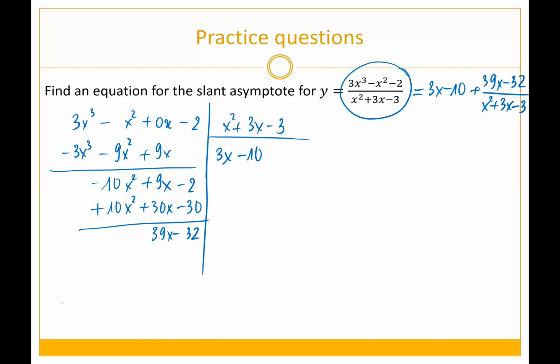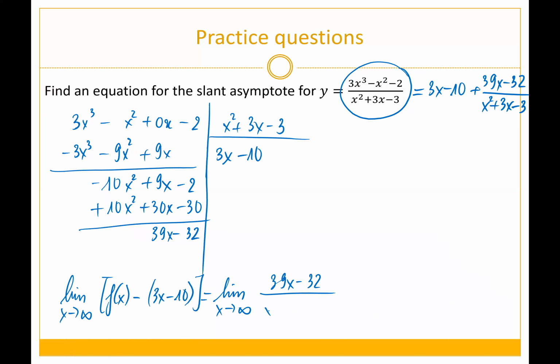So you have the limit as x approaches infinity of f(x) minus (3x minus 10). This is the limit as x approaches infinity of 39x minus 32 divided by x squared plus 3x minus 3.